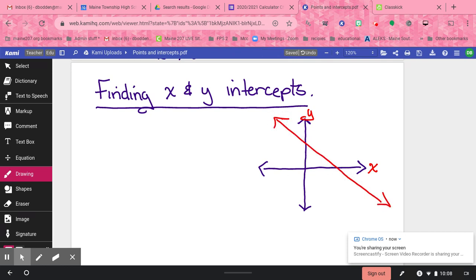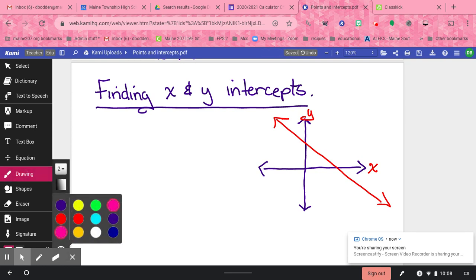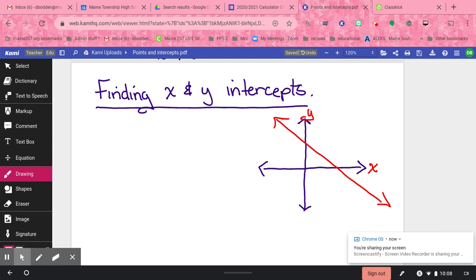Okay. So when we look at the line that I drew, where the line crosses the x-axis, that is the x-intercept. And what I know about the x-intercept is if I look at the ordered pair of that x-intercept, the x is going to be some x value and the y value is going to be 0.